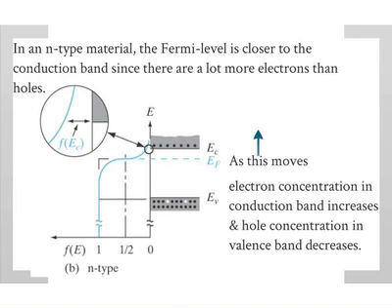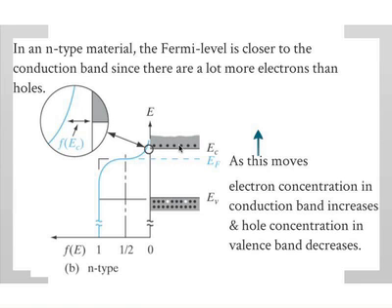Of course, we can do the same thing for N-type and P-type material. So let's take a quick look. The N-type material, the Fermi level: first of all, ignore the Fermi distribution for a minute. Let's just recall, in an N-type material, there are many more electrons than there are holes. So you have a few holes in the valence band, many more electrons in the conduction band.